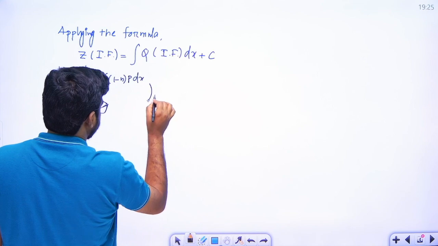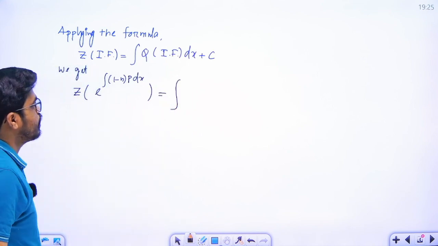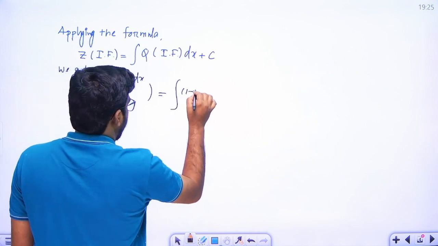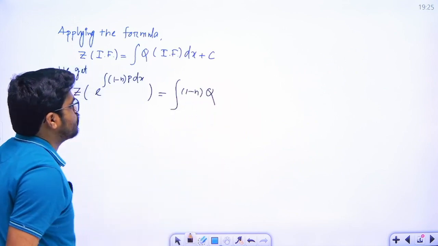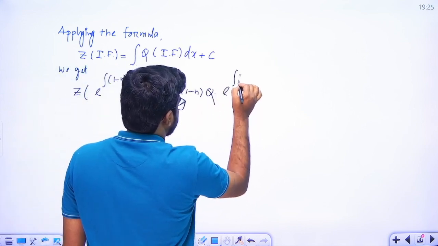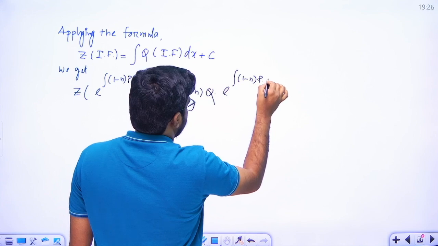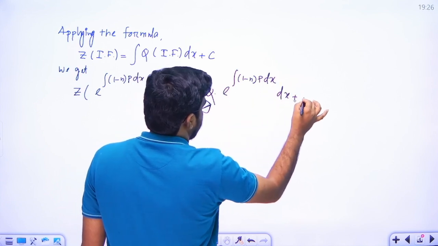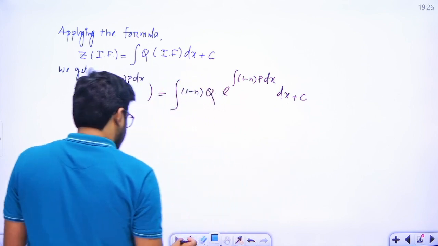So this is equal to integration of q, the right hand side, that is (1 minus n) into q, into integrating factor, that is e to the power integration of (1 minus n) into p dx, into dx plus c. So this is the solution.